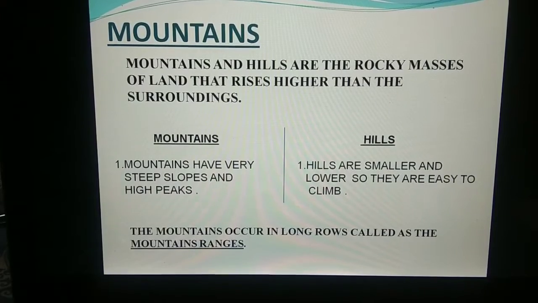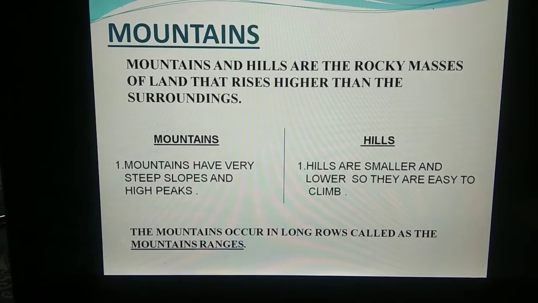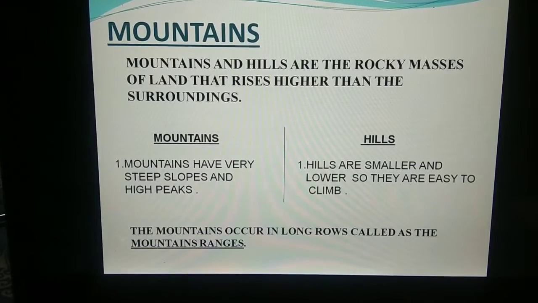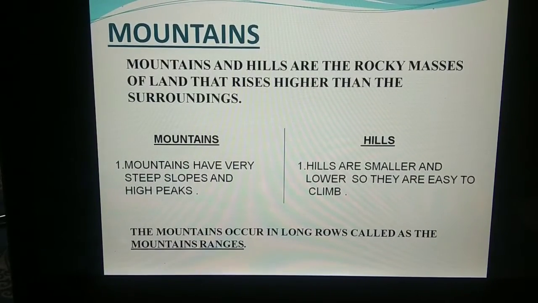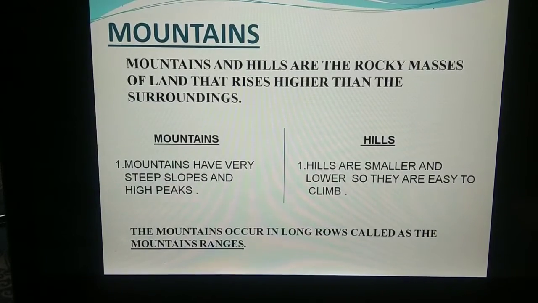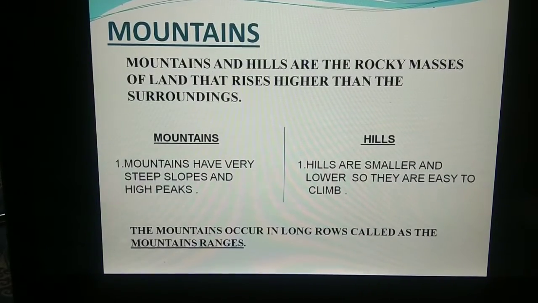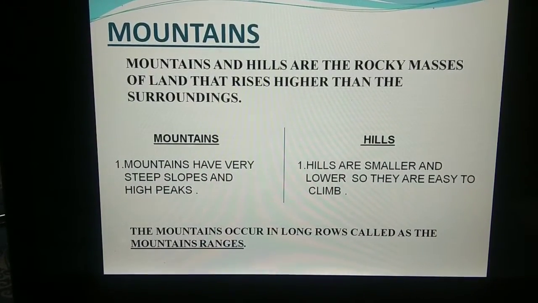Now let's start and learn thoroughly about each landform. Number 1, mountains. Mountains and hills are rocky masses of land that rise higher than the surroundings. Both mountains and hills are different from each other.